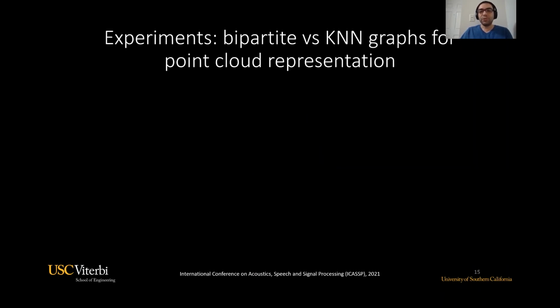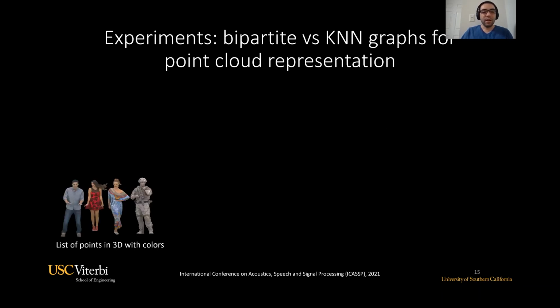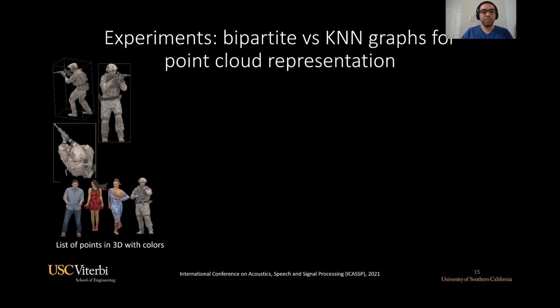And now I will show you some experiments comparing bipartite graphs against non-bipartite k-nearest neighbor graphs in a point cloud representation application. Point clouds are a list of points in 3D. Each point has a color associated to it. And since point clouds are 3D representations of objects, they have applications in virtual reality and immersive communications.